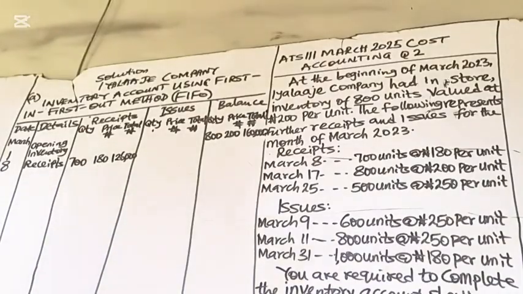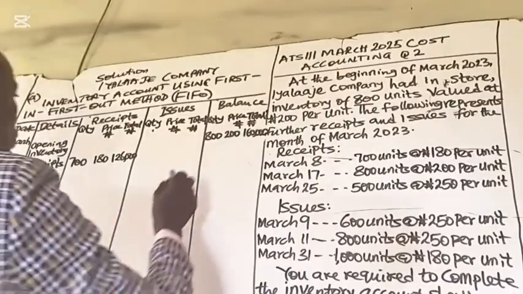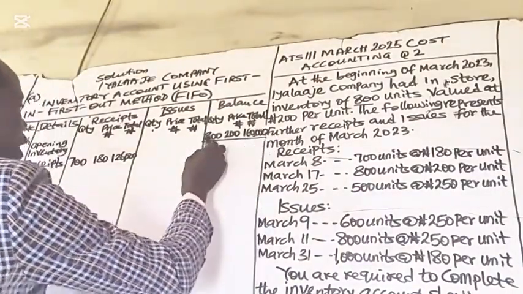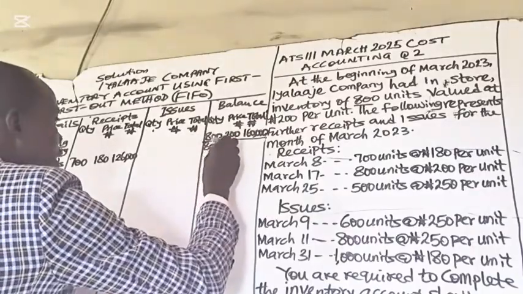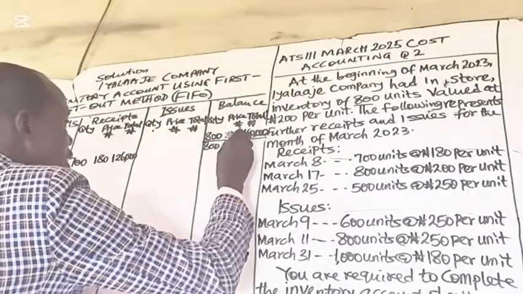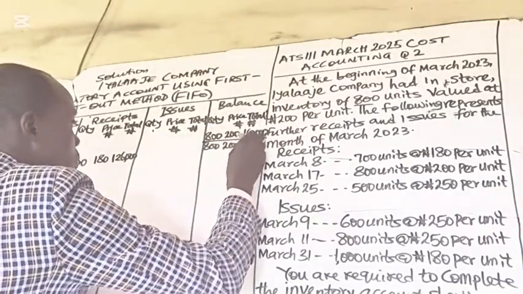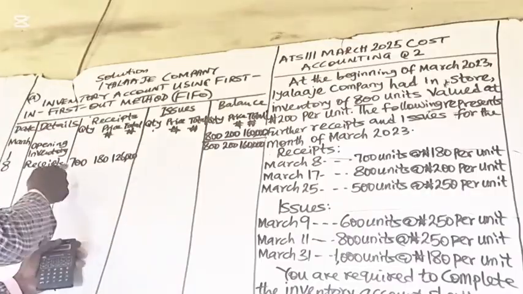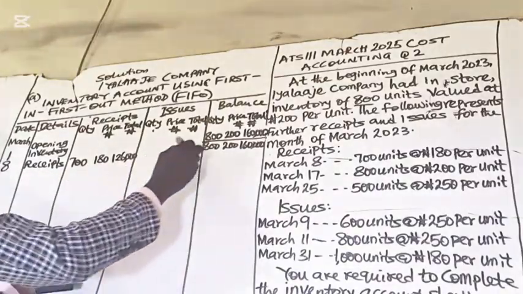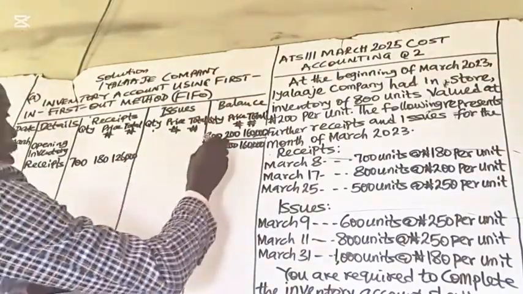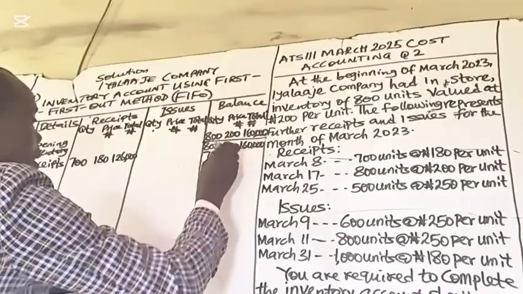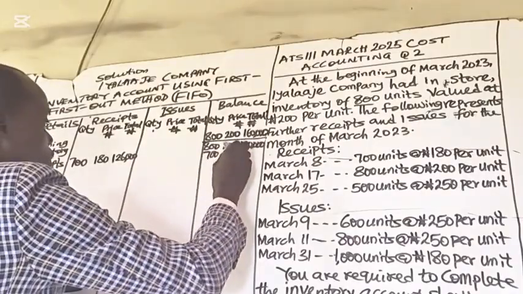Then under the balance column, you had 800 before at 200, and that gave us 160,000. Then you receive additional 700 at 180 naira per unit, and that gives us 126,000.